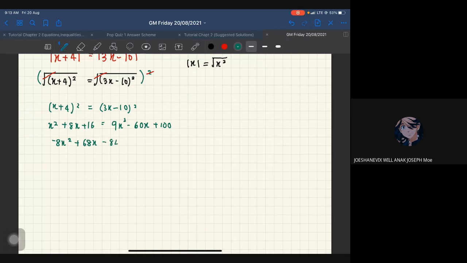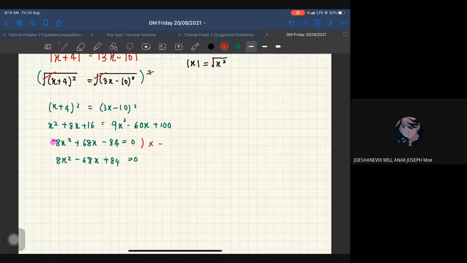Done up to here. But before I press the calculator, I want the coefficient to be positive. So it becomes 8x squared minus 68x plus 84 equal to 0. We multiply everything by negative 1 because we want it positive.